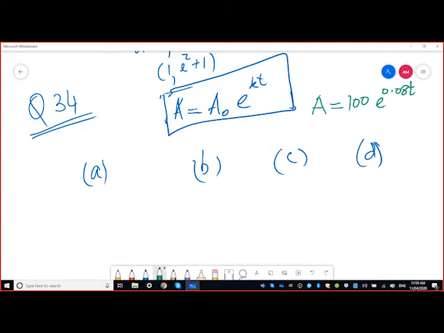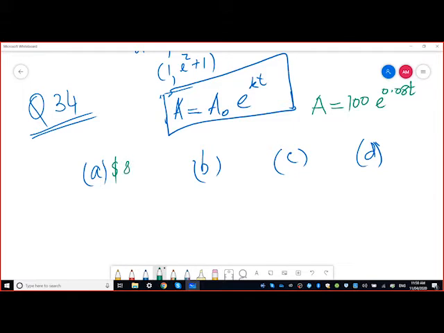So what is the answer of part A? A is $8.67.